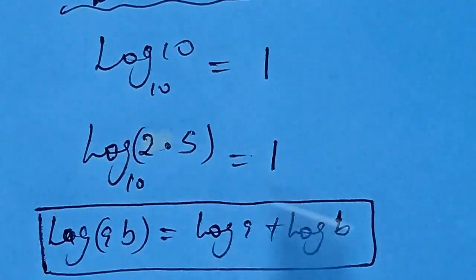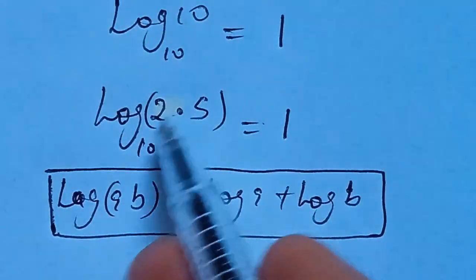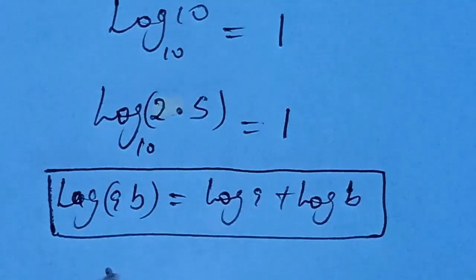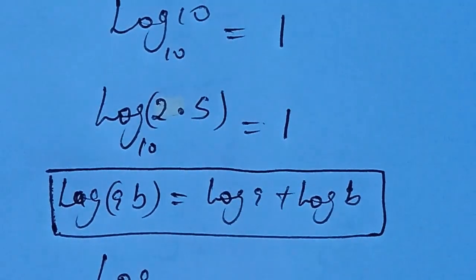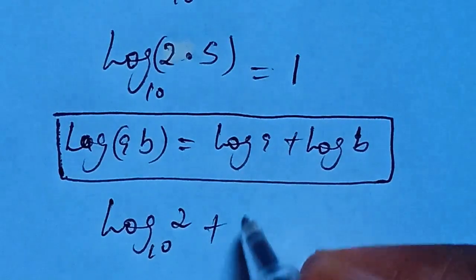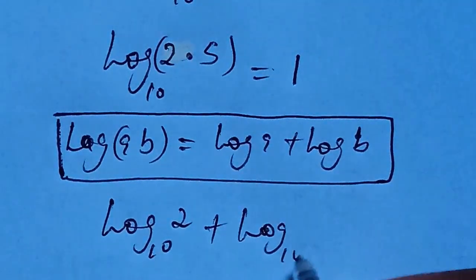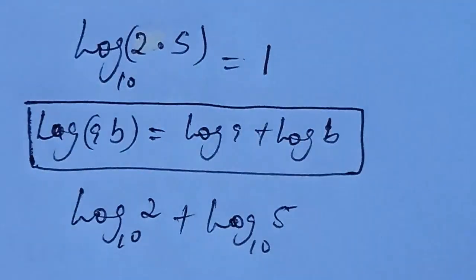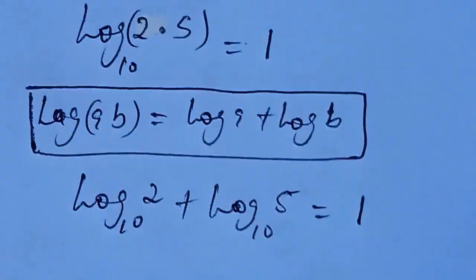So we can use this identity to simplify this left hand side, and we can write it as log base 10 of 2 plus log base 10 of 5, and that is as well equal to 1.